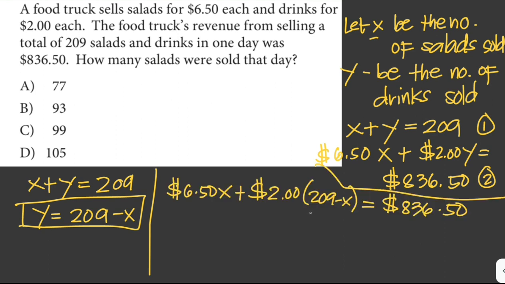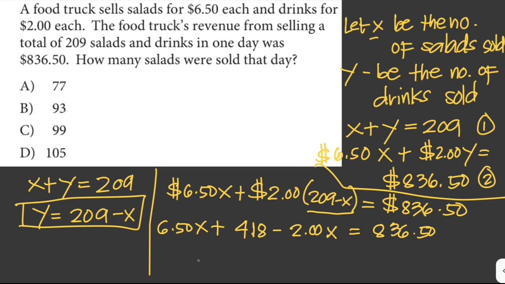Now we substituted it here, and then we can simplify this equation. And okay, this is what we get here. We distribute $2 to 209 minus x, and we get 418 minus 2x.